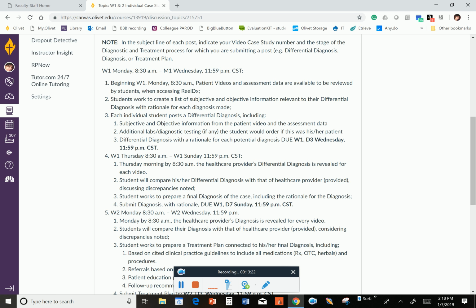Each individual student will post differential diagnosis, including subjective and objective information from the patient video, any additional lab diagnostic testing, if any, the student would order. And if you're going to order a lab, say you would want a CBC, I want you to have a little box there with normal lab values.